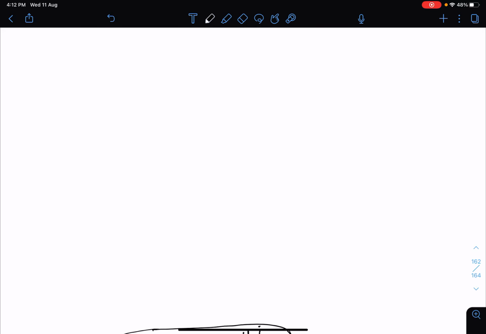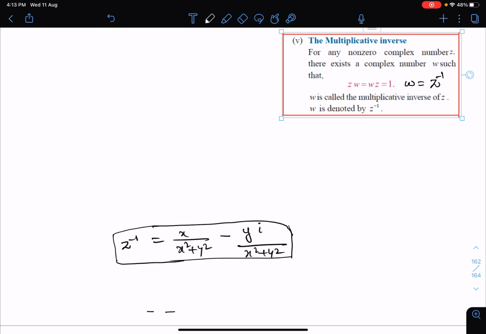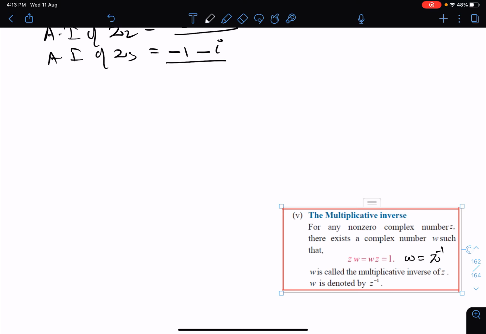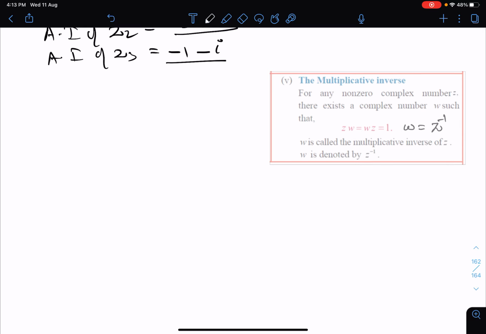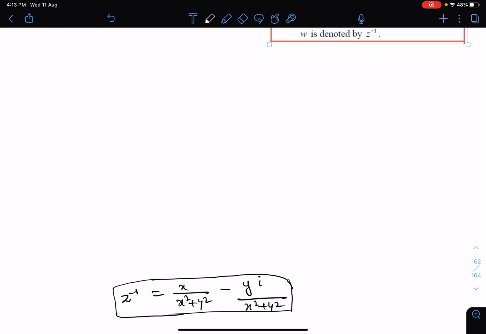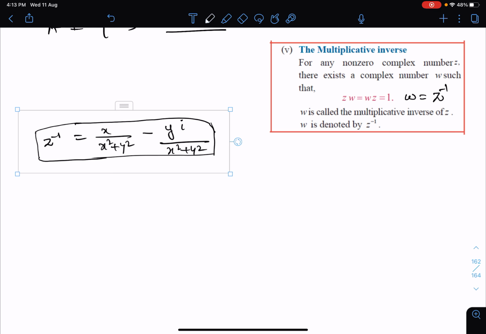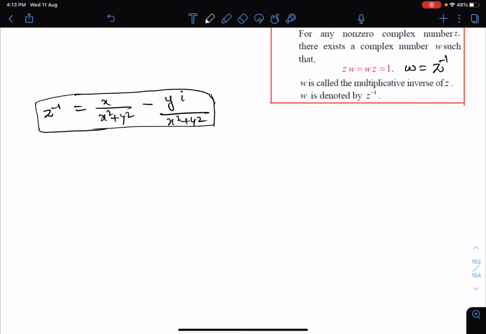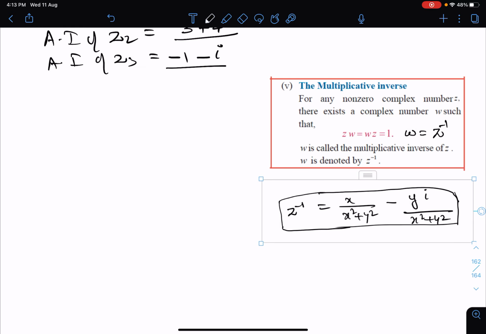Okay, next we are going to go into multiplicative inverse. Again I am giving you the formula for multiplicative inverse. What is the multiplicative inverse? When you multiply the complex number and its inverse, you should get the multiplicative identity. Now I have given you one more formula which we have proved already.